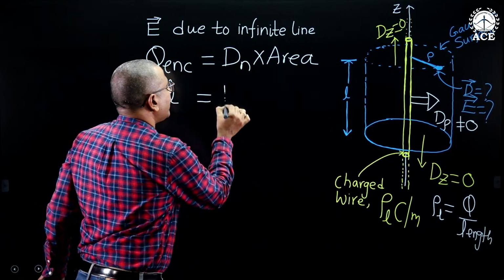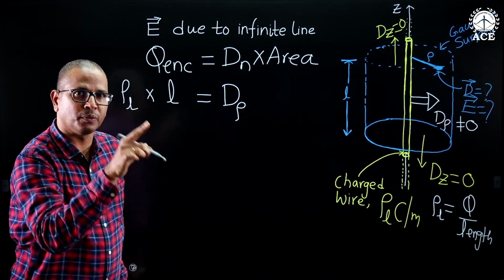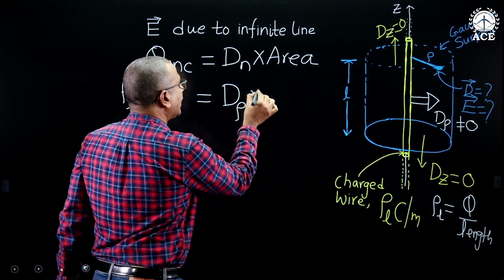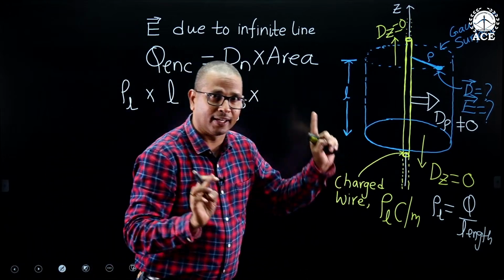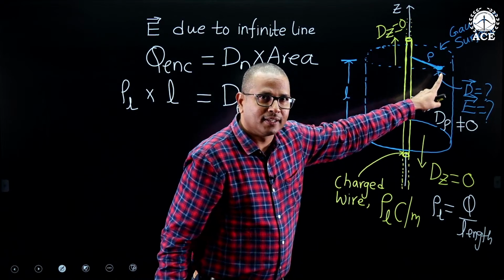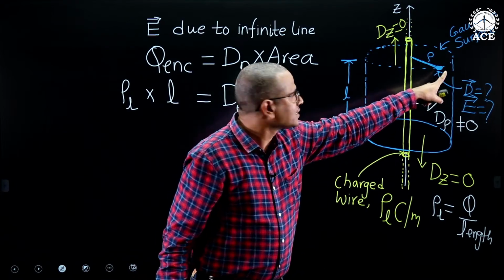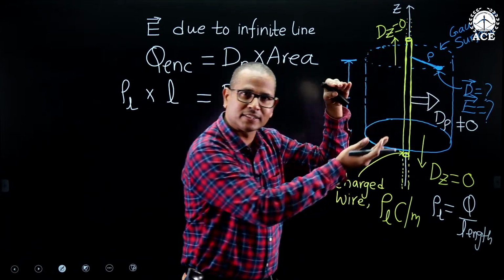Dn, which component of D is contributing non-zero flux? D rho; d phi is 0, dz is 0. Now the area of the region at which we are finding flux density. Dear students, you should take care while choosing this area. At what distance are you finding flux density? At the distance rho. With this distance rho, what are you forming? Is it a circle or a cylinder? We have a cylinder.